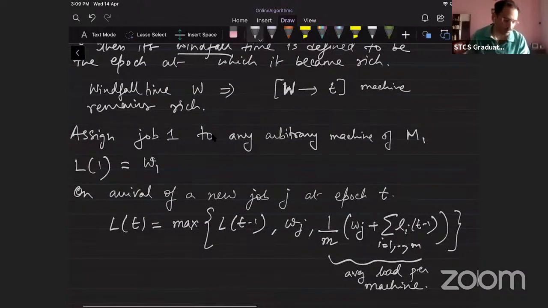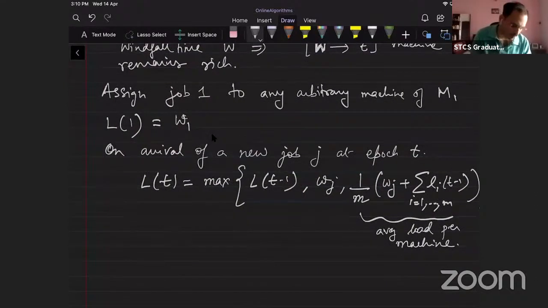The second is just the size of the new job, and the third is the average load per machine after assigning Wj.